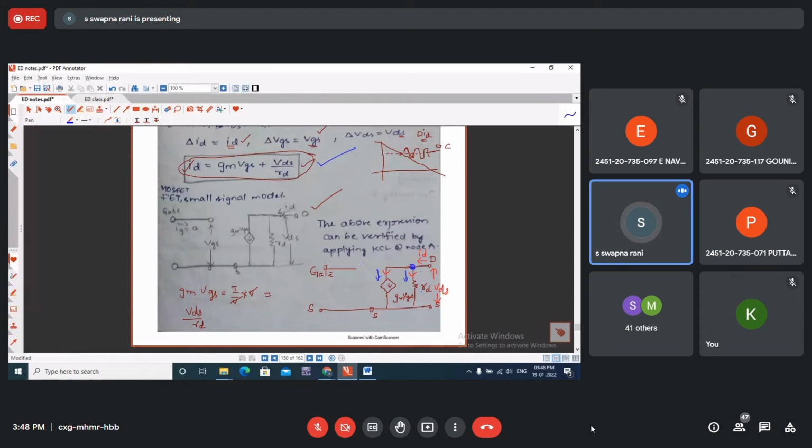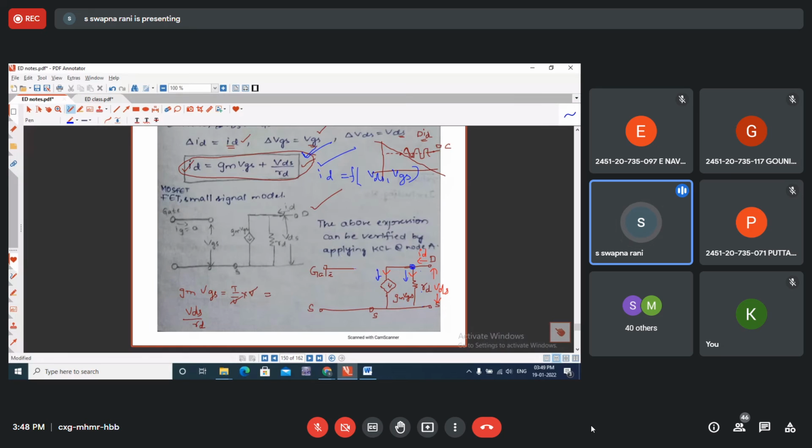Therefore this is the small signal model of FET, which has been derived from this equation, where ID is related with VGS and VDS. So far we were discussing that ID is a function of VDS and VGS, but we didn't know the exact relation. Now this is the expression which relates ID, VGS and VDS. So with this equation, the small signal model of FET is developed.